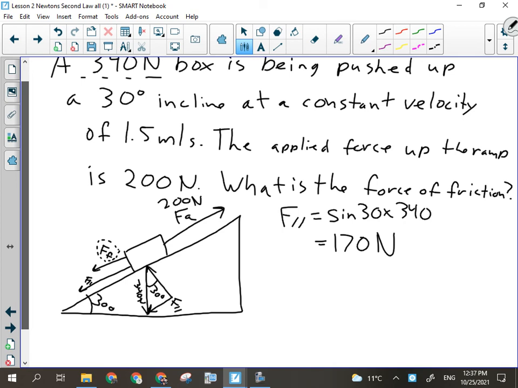So now I know F parallel is 170 newtons. I'm being asked to calculate the force of friction. I'm kind of stuck here in that I can't do the vector sum of all forces yet because I don't have all the forces. Is there another way to calculate F net? Mass times acceleration. So what is the mass times the acceleration equal in this question?